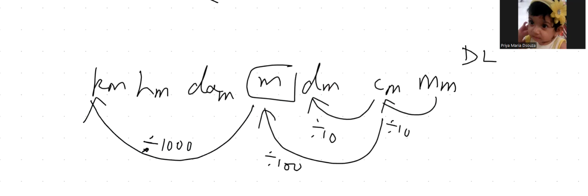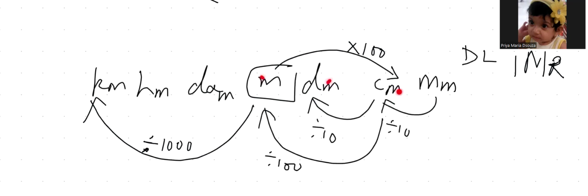And remember the word MR. If I'm multiplying, that means I'm going towards the right. If I want to go from meters to, let's say, centimeters, I'm going towards the right, isn't it? That means I'll multiply by 100, because from meters to centimeters there are two jumps, one jump, then two jumps. So 2 zeros, into 100.